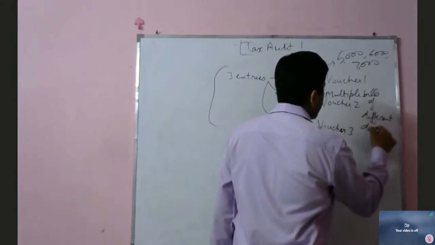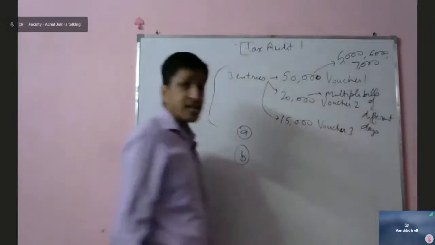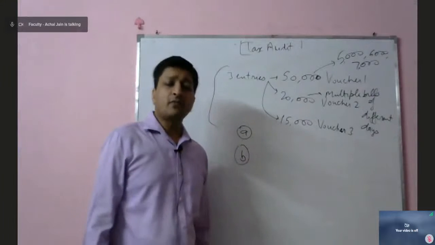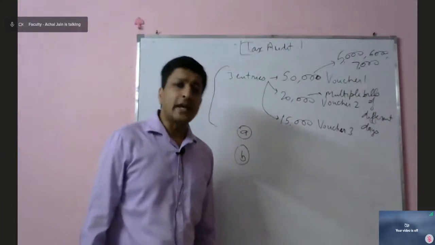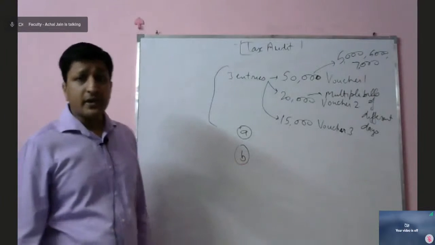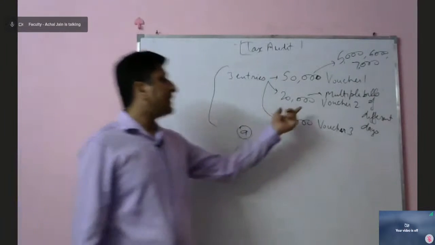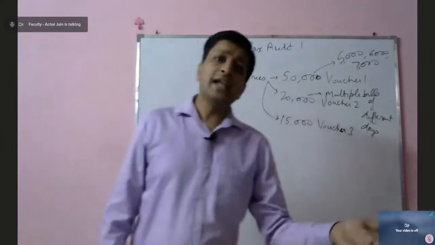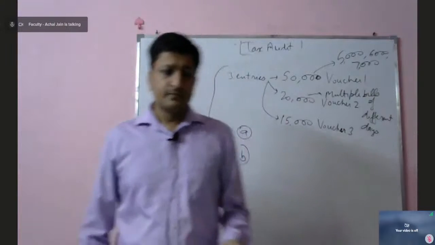In a single day, various cash payments would have been made, but those cash payments have not been made to a single party in excess of the prescribed limit. But how will the auditor get to know about it? Only when he further drills down these vouchers and gets into the details of the supporting documents.